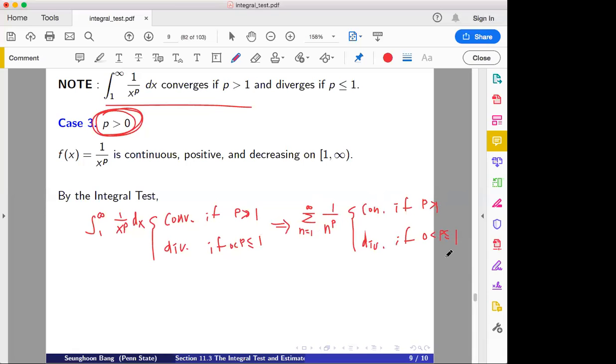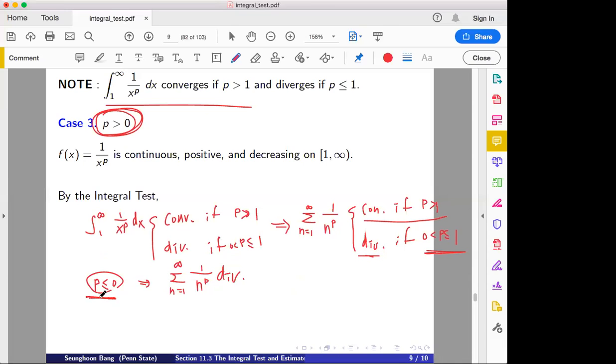So we can combine the other cases. Cases 1 and 2: p is less than or equal to 0. In this case, the summation from n equal to 1 to infinity of 1 over n to the power p is always divergent by using the test for divergence. You can combine all cases. Case 3: p greater than 1, convergent. p between 0 and 1, divergent.